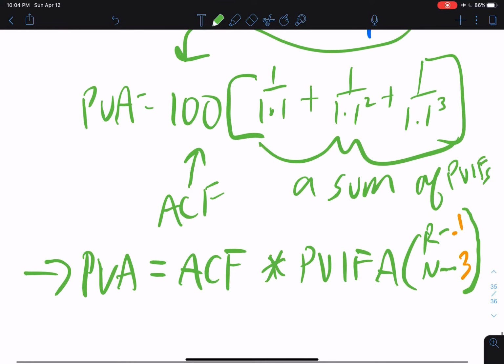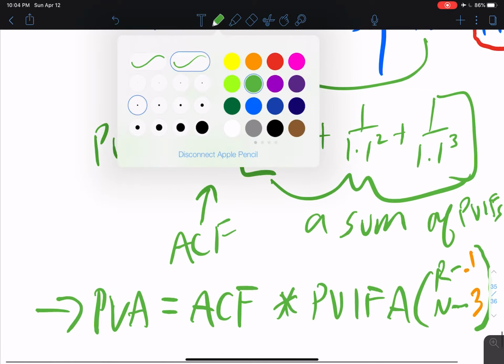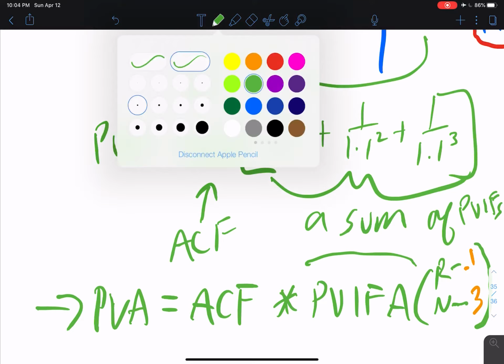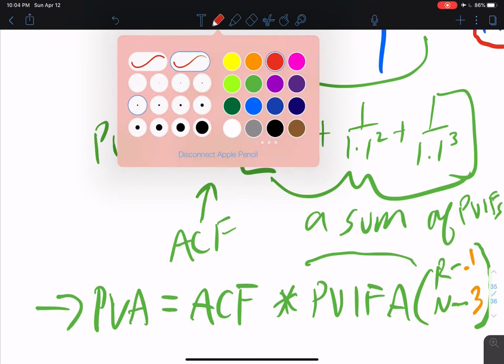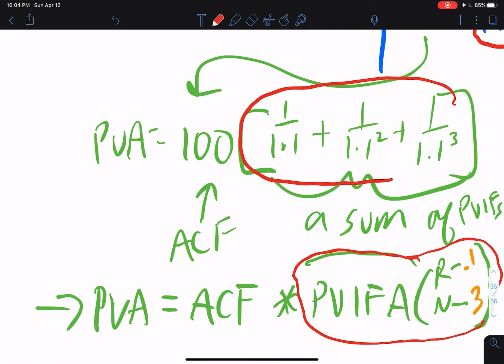Well, the PVIFA can be thought of, remember this PVIFA right here that we're talking about. This PVIFA right here, okay, is this right here.